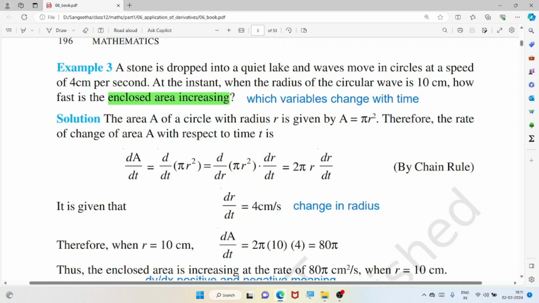This is 2 pi r into dr by dt. Again, based on the formula, you see why they are putting dr by dt here. This is r. With respect to r we are differentiating, but we are asking with respect to time, how fast the enclosed area is increasing.